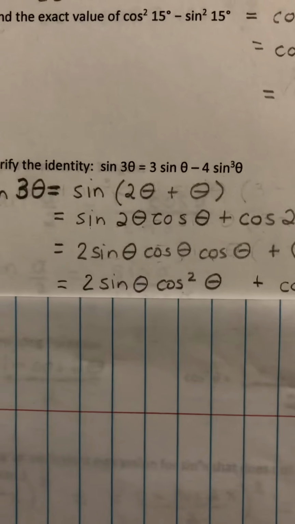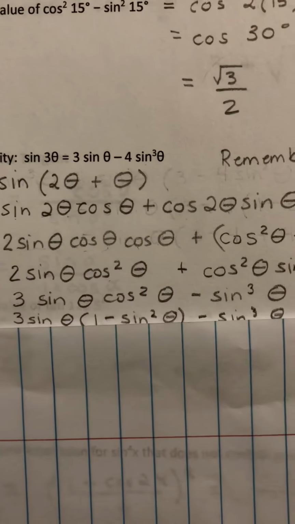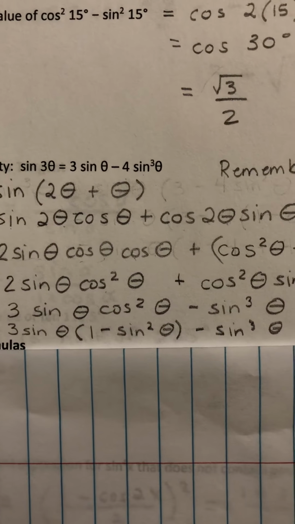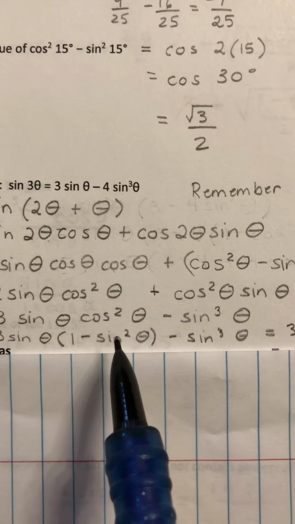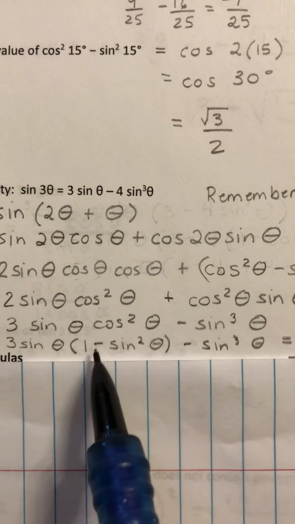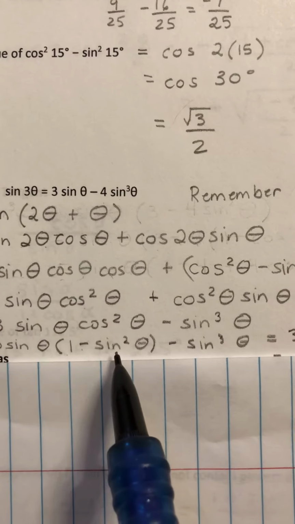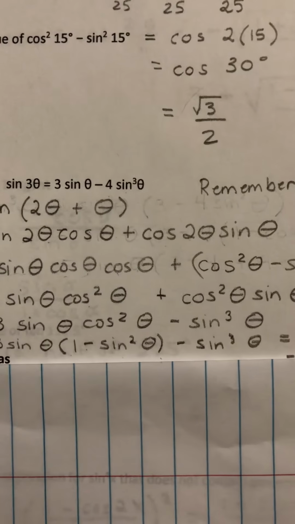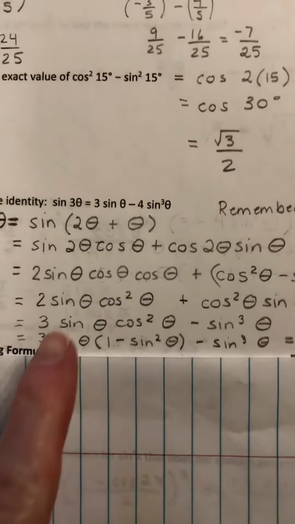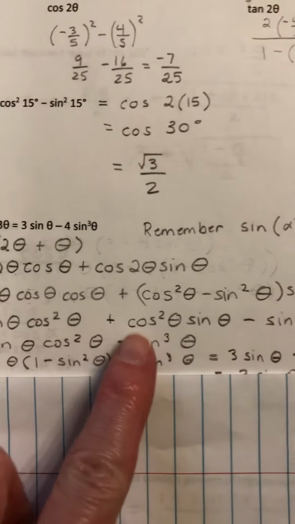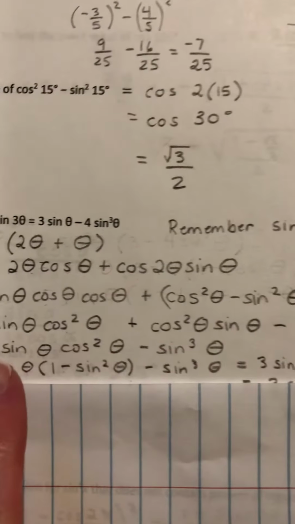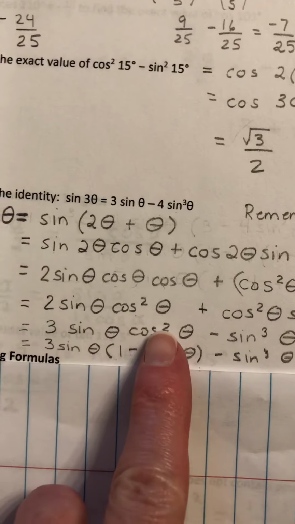Now back in the previous chapter, we learned that the cosine squared theta is equal to 1 minus sine squared theta. So first, I'm adding together these like terms. 2 of these plus 1 of them is equal to a total of 3 of them.